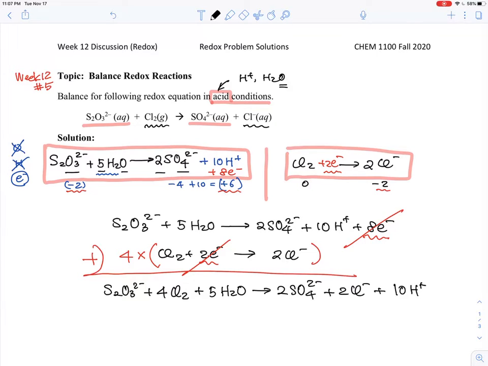Okay, so that will be the final equation.